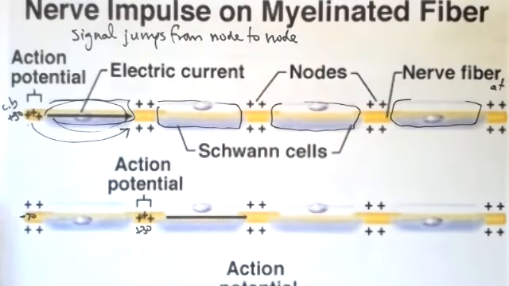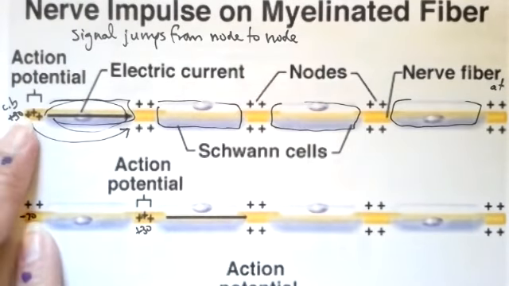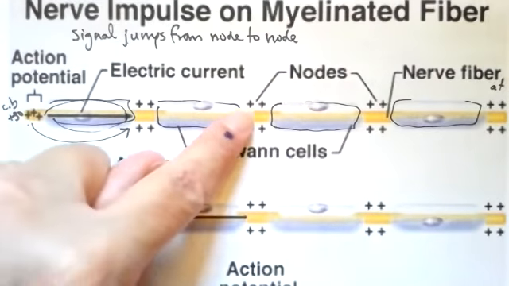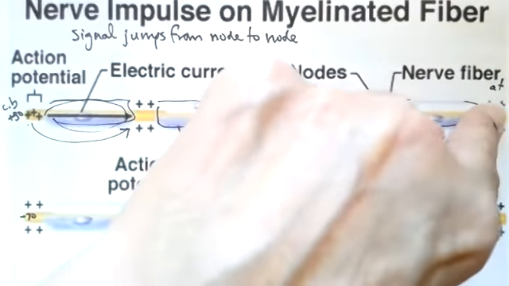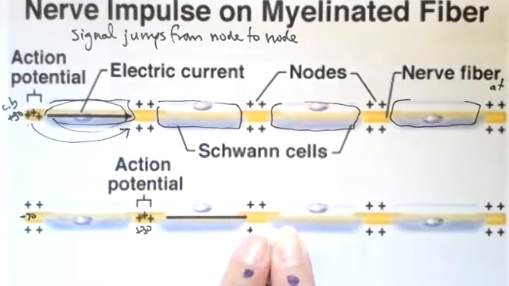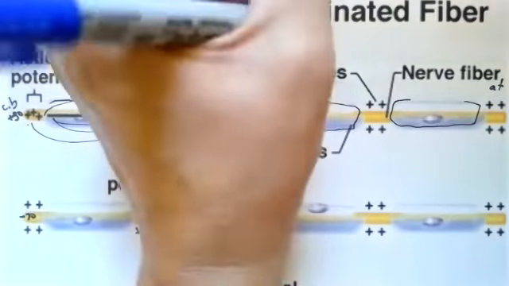If this was unmyelinated and this was myelinated, look at the speed. I have to go continuous here, while this one's doing the jump. It was twice as fast. And in fact, conducting on a myelinated fiber is much, much faster, not just twice as fast, but hundreds of times faster.